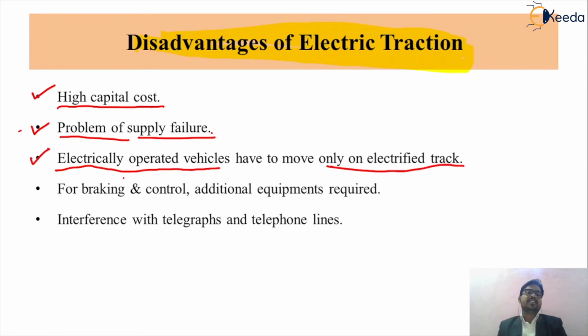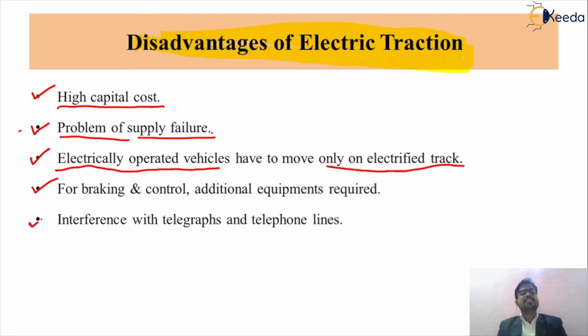This is one of the disadvantages, and for the electrification of the track we will require a larger number of electrical equipment, such as different types of current carrying devices, protection devices and controlling devices. So that's why this is one of the disadvantages of the electric traction system. After that, for the braking and control of the electric traction system, we will require some additional equipment, such as power converters and control equipment. So this is also a disadvantage of the electric traction system.